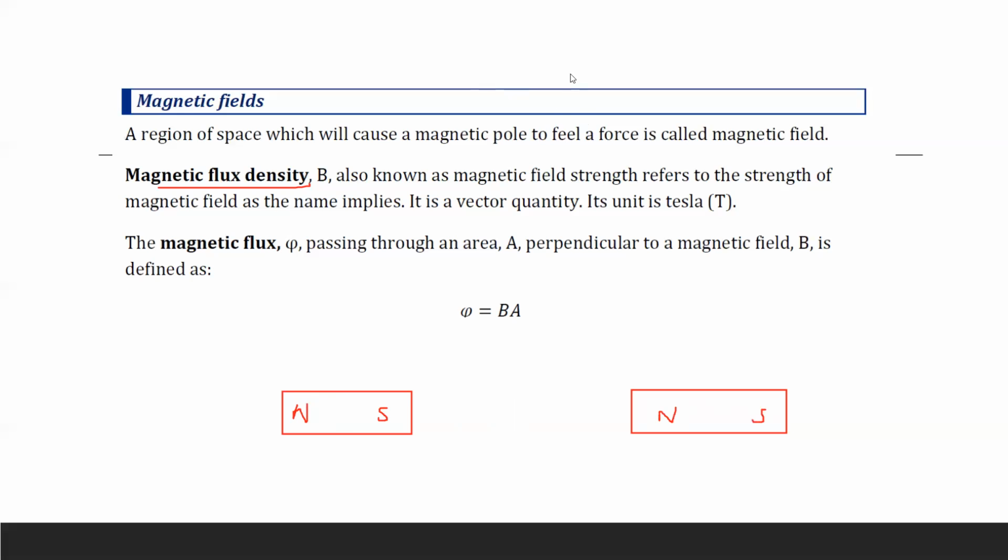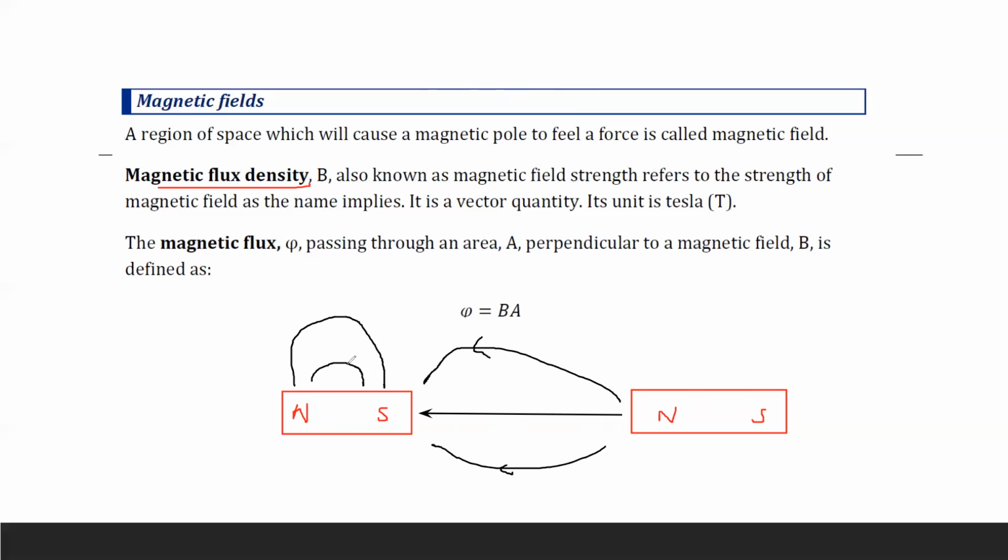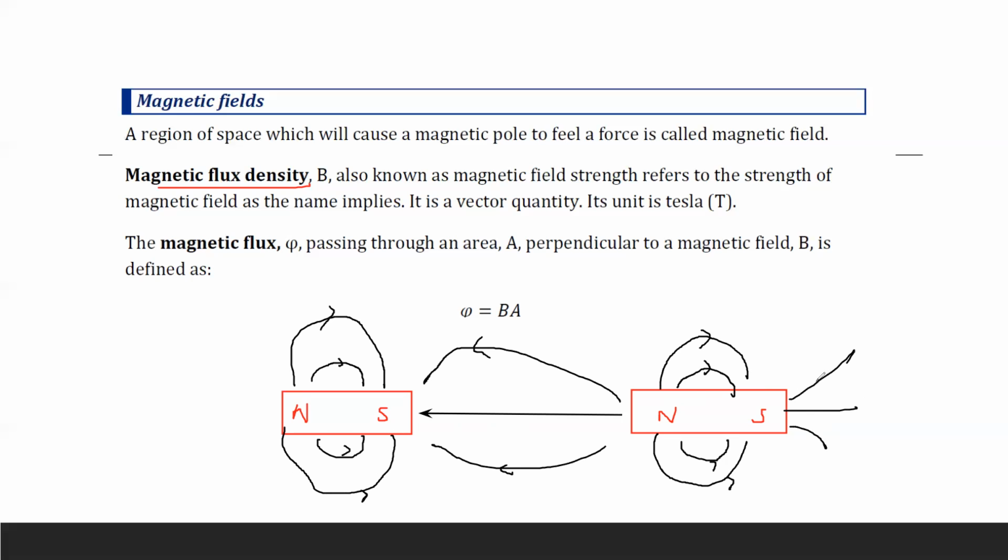So the magnetic field is from north to south. This is a magnetic field pattern, so the direction is out from north and into south.